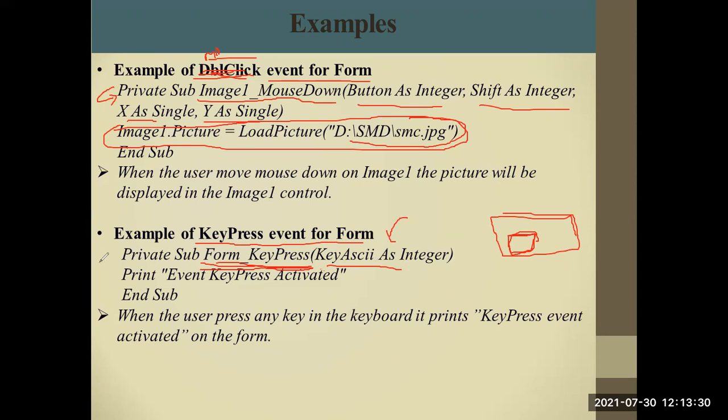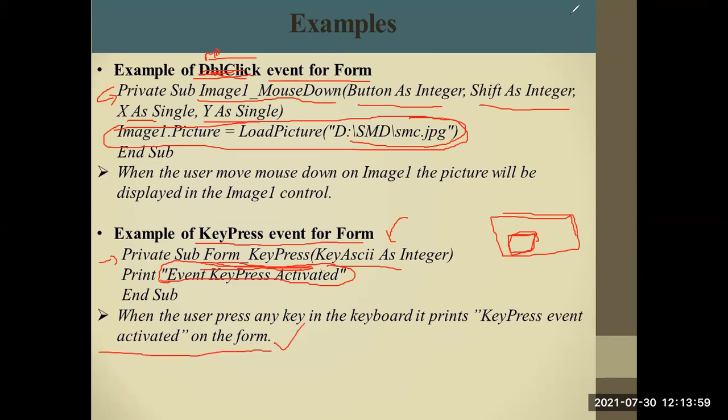As this event is performed, whenever I press any key from the keyboard, it will display a message that the event key press is activated. It will display a message on your form or output window that this particular event is activated. Whenever the user presses any key on the keyboard, it will print a message that the key press event is activated on the form.